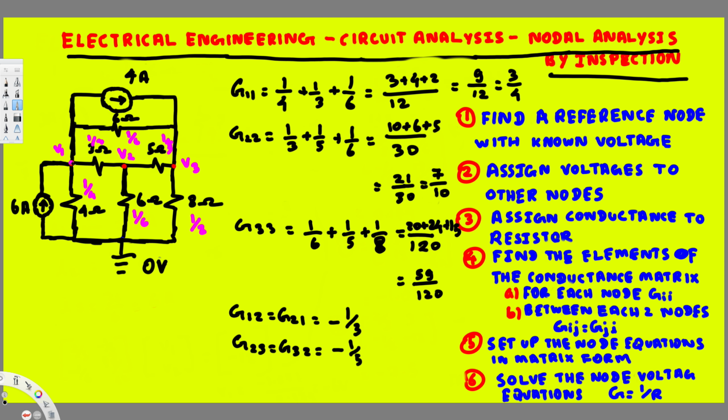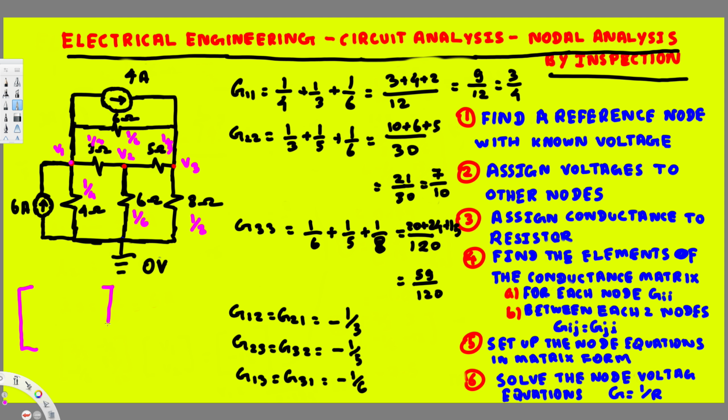And the third one is going to be G13, because between voltages 1 and 3 there's a conductance, that is the 6 ohm. I mean, 6 ohm is the resistance, and 1 over 6 is the conductance. So this is going to be G13 and G31, and that's equal to minus 1 over 6. Now we have all the information. Now we have to put all of them in matrix form.